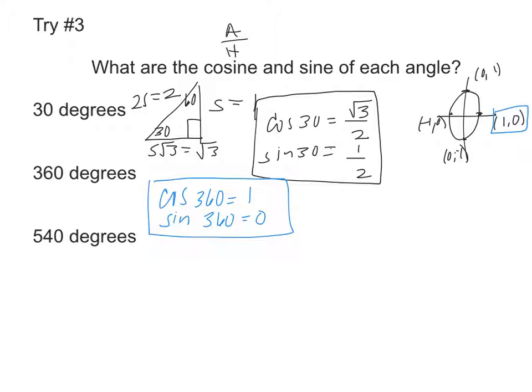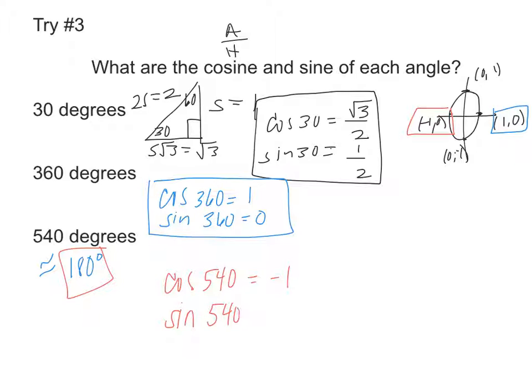So really 540 is coterminal with 180 degrees, which is perfect because it's coterminal with this ordered pair. So if I want to find cosine of 540, I'm really just looking at the cosine of 180. And so cosine of 540, remember the x value, will give you -1. And sine of 540, which is the y value, is going to give you 0.